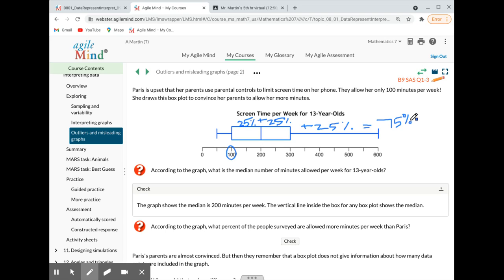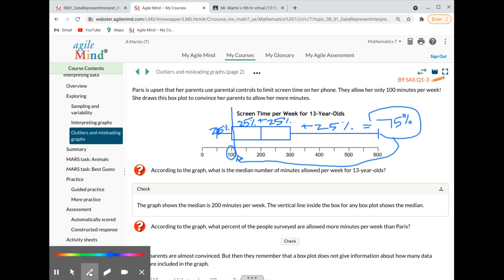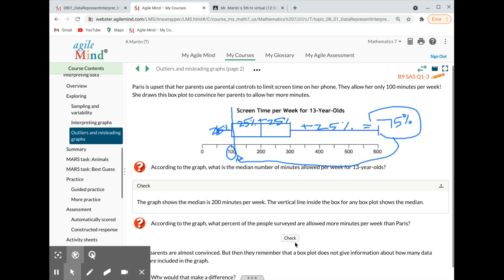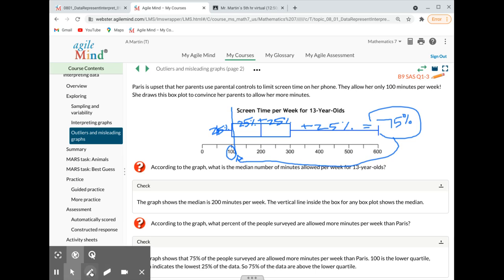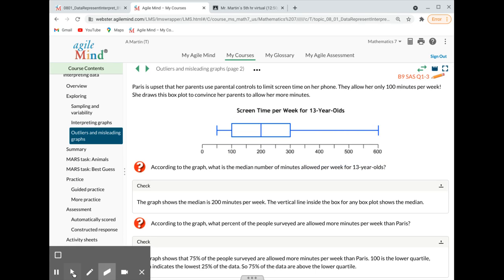It made good sense. All right, so 75% more than what she could do, because what she could do was 25% of the data, right? Perfect. So that is the next answer in our workbook.